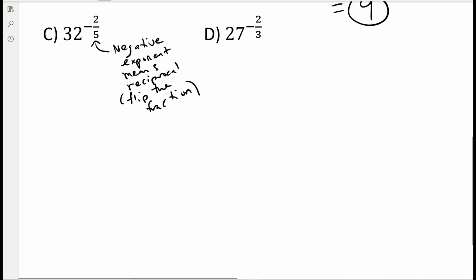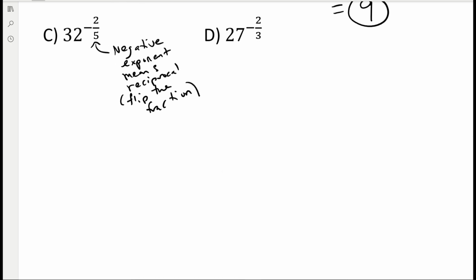So if we write 32 as 32 over 1 and we flip it, then it's going to be 1 over 32. So we can rewrite 32 to the negative 2/5 power as 32 over 1, flip it, so we get 1 over 32, and then raised to the positive 2/5 power.